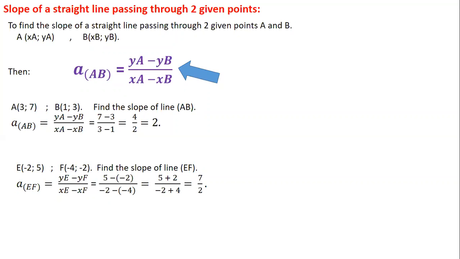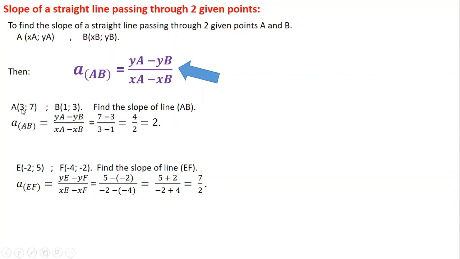What is YA, Fadil? It is the ordinate of A, right? What's the ordinate of A? 7. Minus YB, what's the ordinate of B? 3.